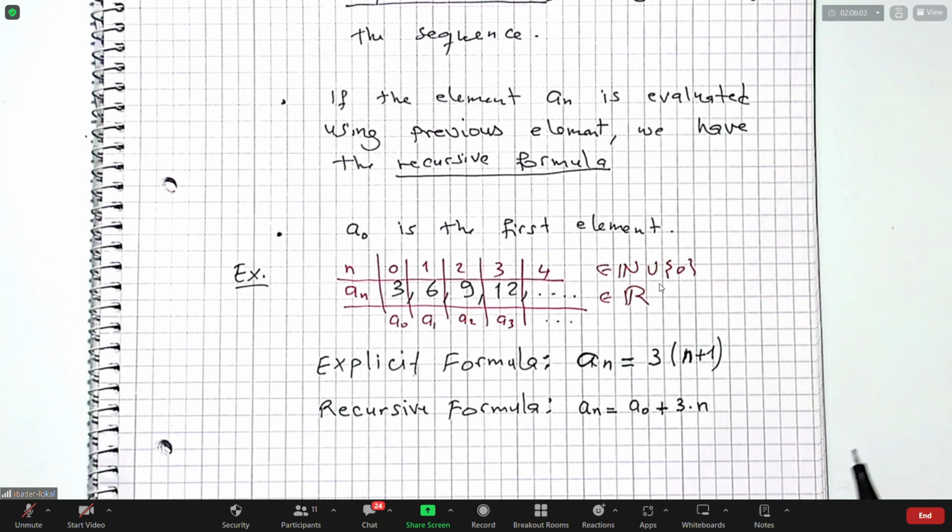Okay, so A0 plus 3 times n. Notice here, because we use the previous element, it is a recursive formula, or we can just compare any two successive terms to get the term we are using, right?